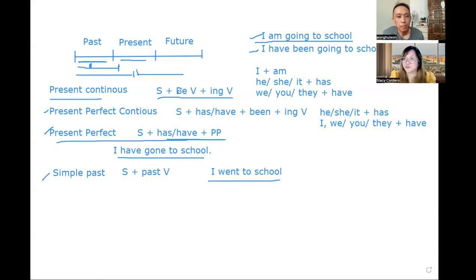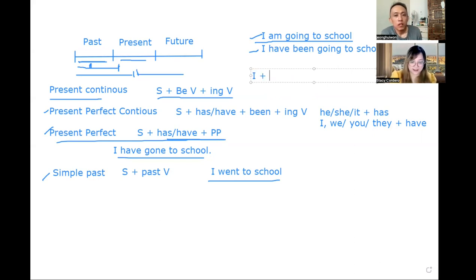And again, present continuous, am, is, are. Oh, I have written it differently here. Sorry. So again, the be forms are am, is, are.